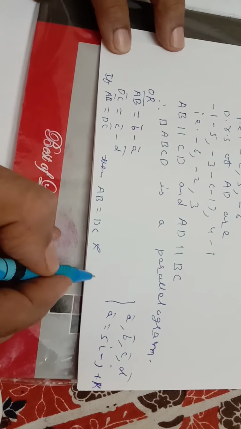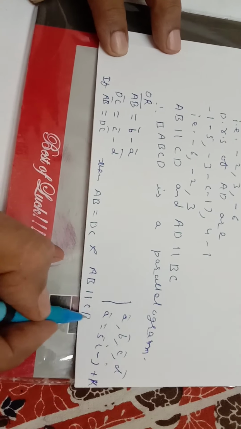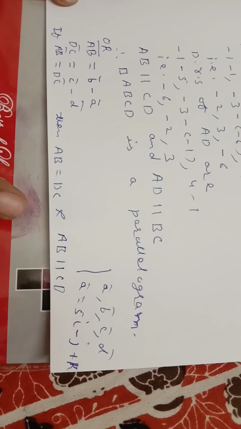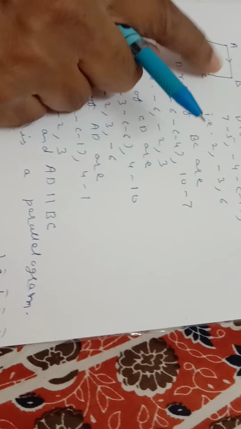And direction same. It means that AB parallel to CD. So when two vectors are equal, magnitudes equal, direction same. So AB parallel to DC and AB equal to DC.